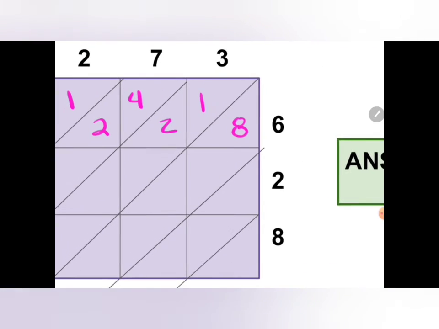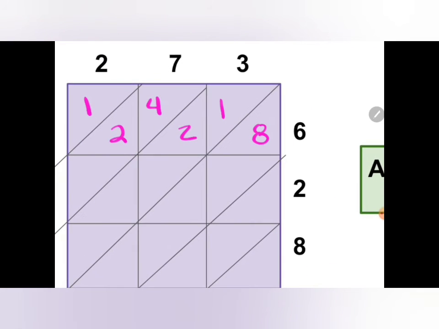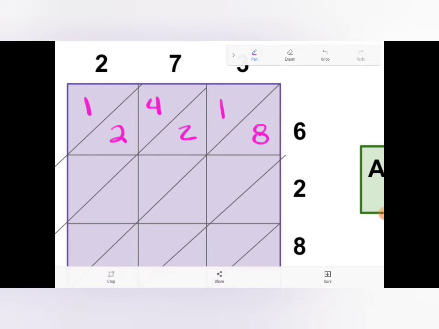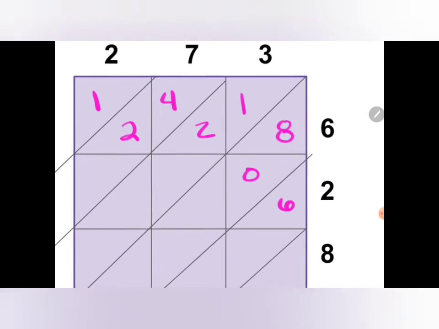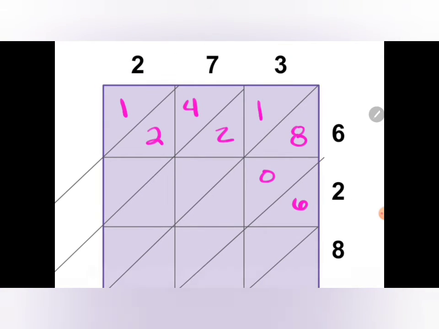And now we're going to move on to our second row. We're going to start at the rightmost section, where we have 3 times 2, which is going to be 6. So we're going to put a 0 here, 6 here. Again, for the middle one, we're going to do 7 times 2, which you can type in your calculator if you like. That's actually what I'm doing right now.